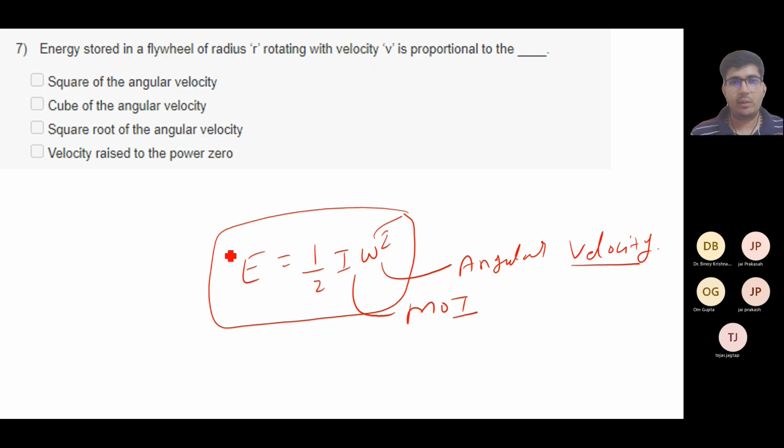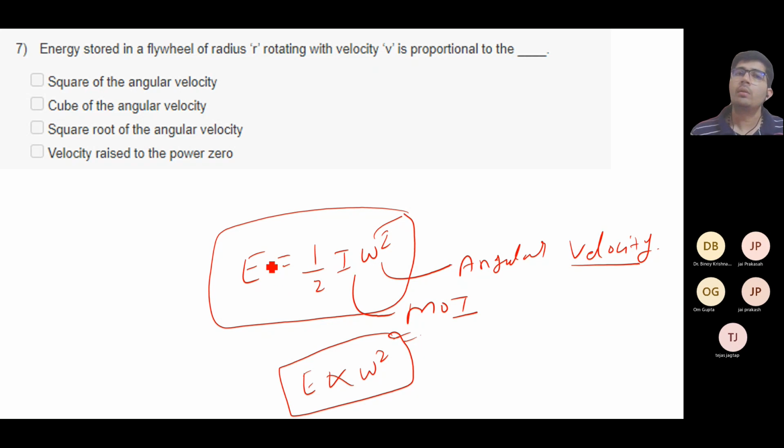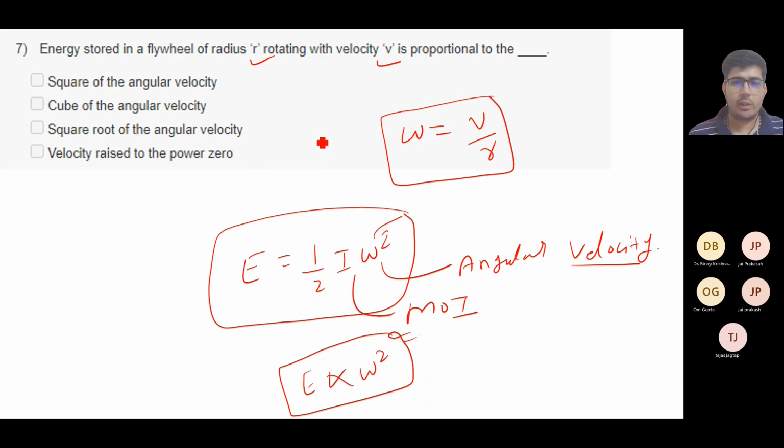So you can see here E is proportional to omega square. If the radius is r and velocity is v, what will be the angular velocity omega? Sir, V divided by R. Omega equals V divided by R. Right, so the angular velocity is v divided by r.